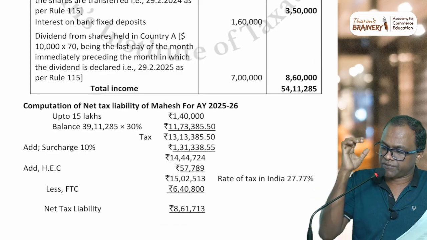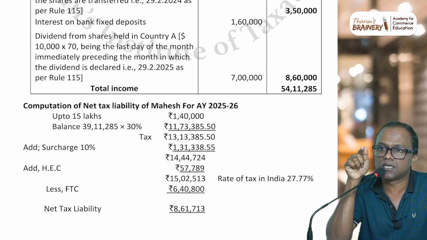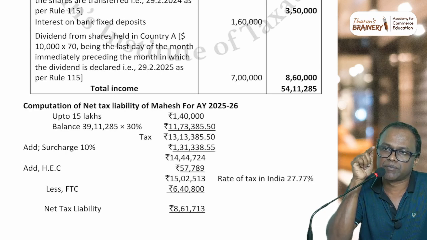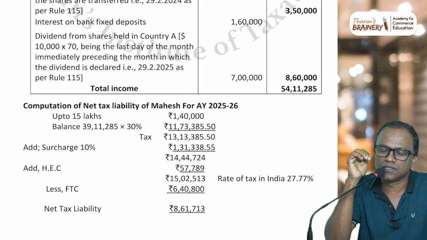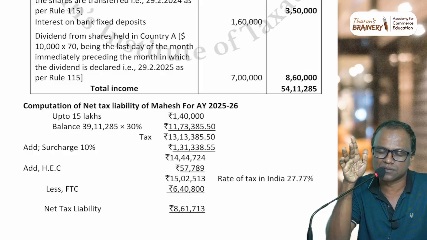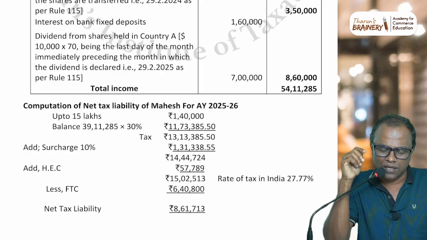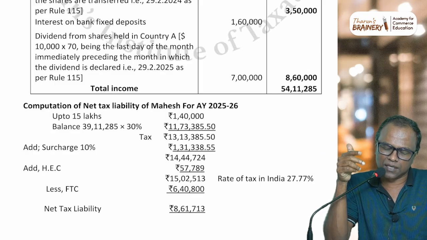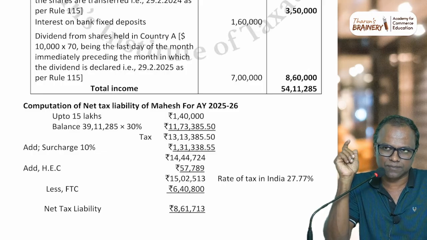If the foreign income is given in INR and foreign tax paid is given in percentage, this is not the method. In that situation, you can practice the questions in your study material, right? That won't be asked. And if there are multiple countries, the relief should be computed country-wise separately.